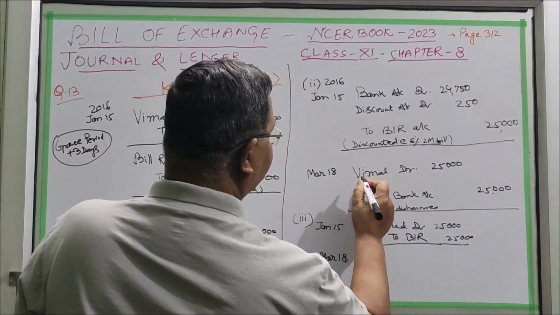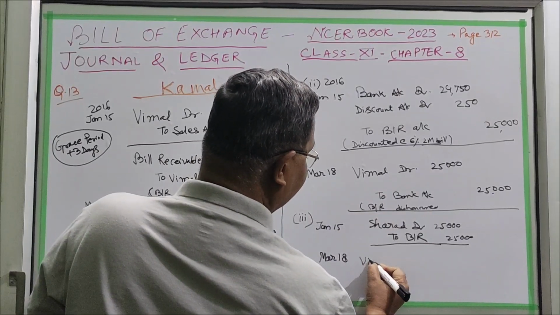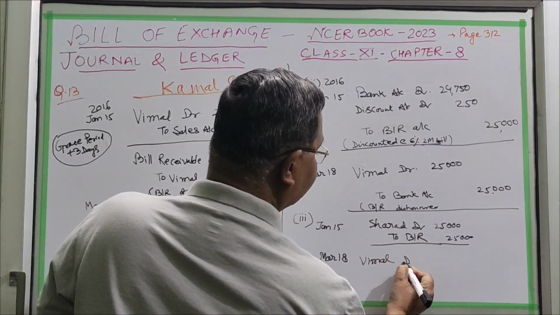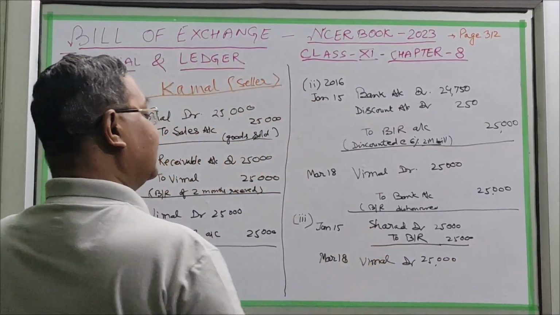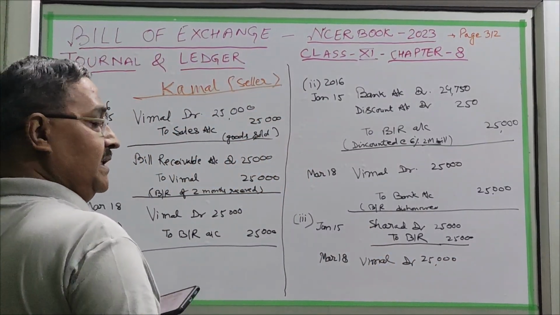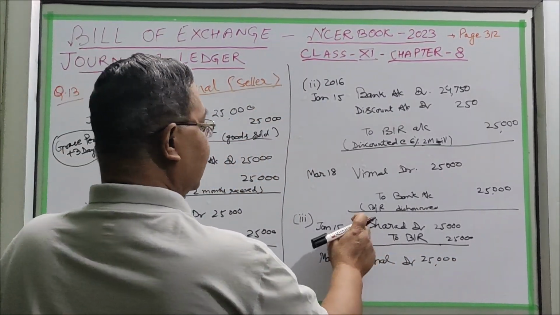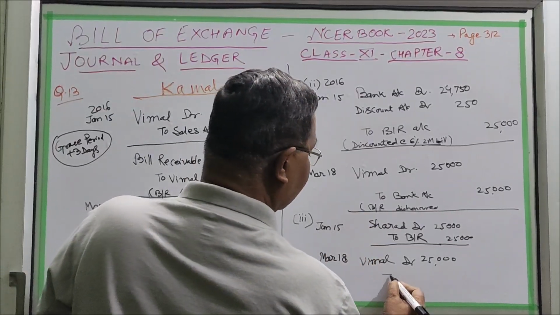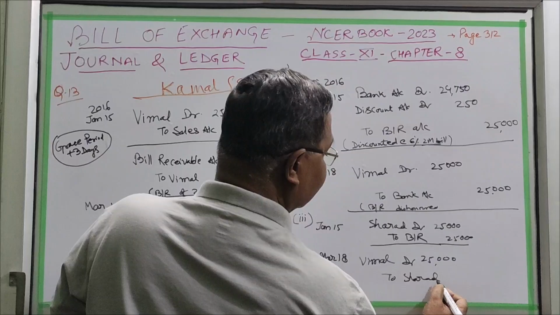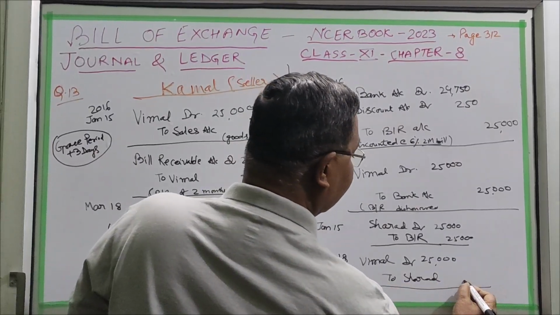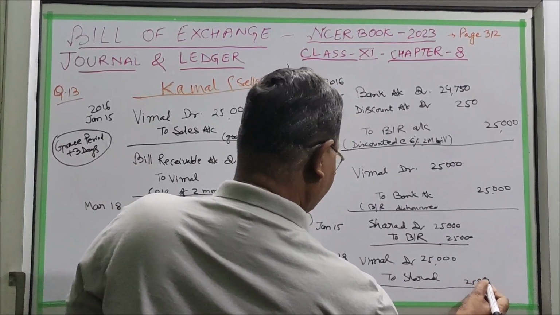He is the acceptor of the bill, Bimal. So Bimal again becomes debit. Bimal debit 25,000, and now this Sharad's account we have debited. He did not get any amount, so his account we have to credit, to Sharad. He endorsed it to Sharad, and these entries will be over.